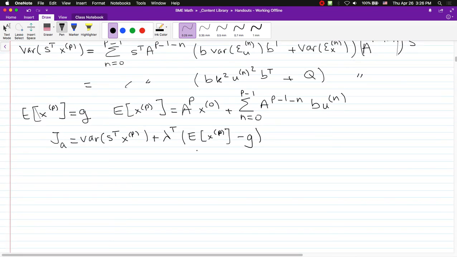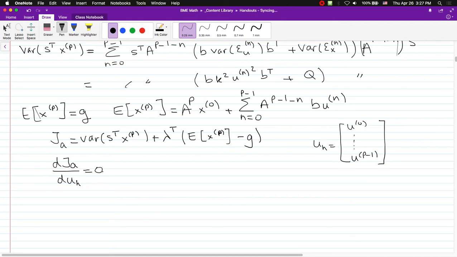Okay, so we would like to minimize this augmented cost J, and to do that we're going to have to meet two things. We're going to have dJ/dU history. So this is with respect to all the commands u. I'm going to put U H, where U H is a vector history of commands, U at time point 0 to U at time p minus 1. The derivative of this with respect to U H has to be 0, so this is going to be a vector where every single equation is equal to 0.